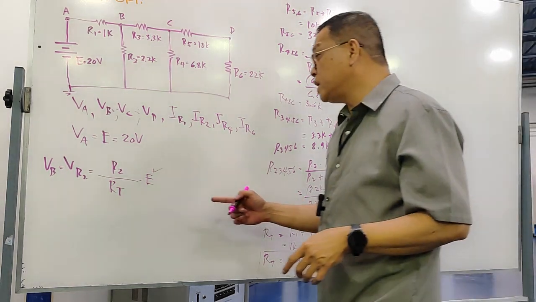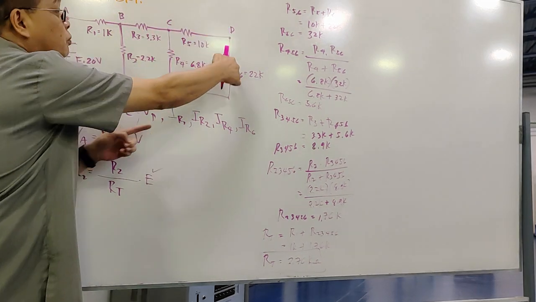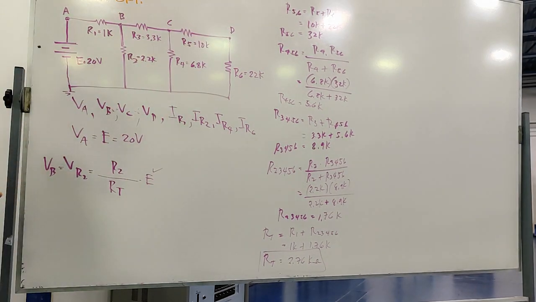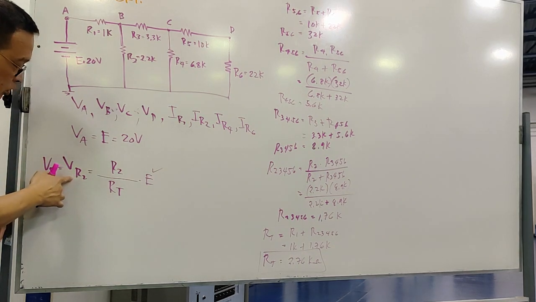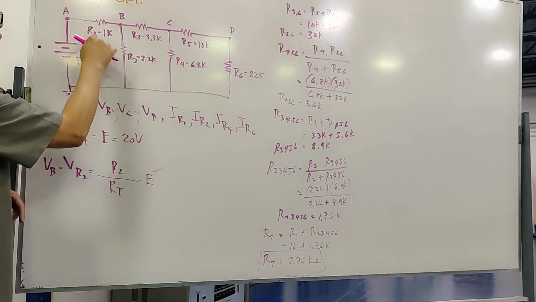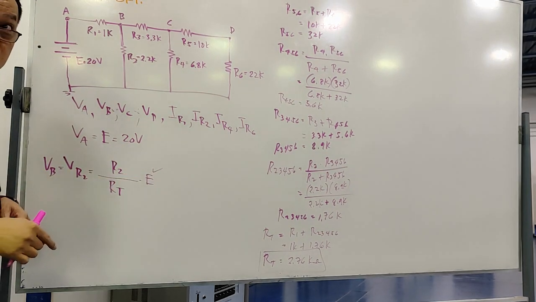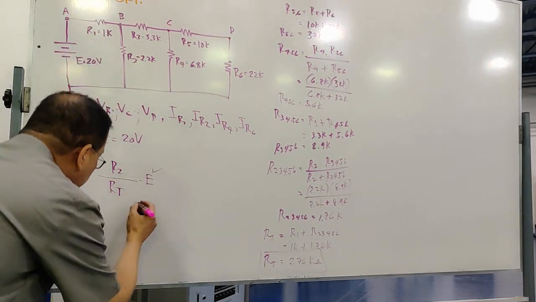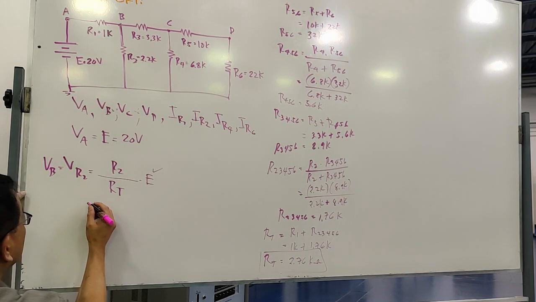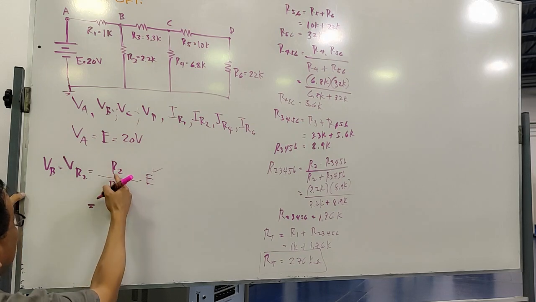Actually, the R2 here is this whole part, because we are applying the voltage divider rule by two resistors. If you say VR2 by two resistors, that is R2 over the R total, R1 plus R2, multiplied by the source. So the real VR2, or VB, is just equal to R2.